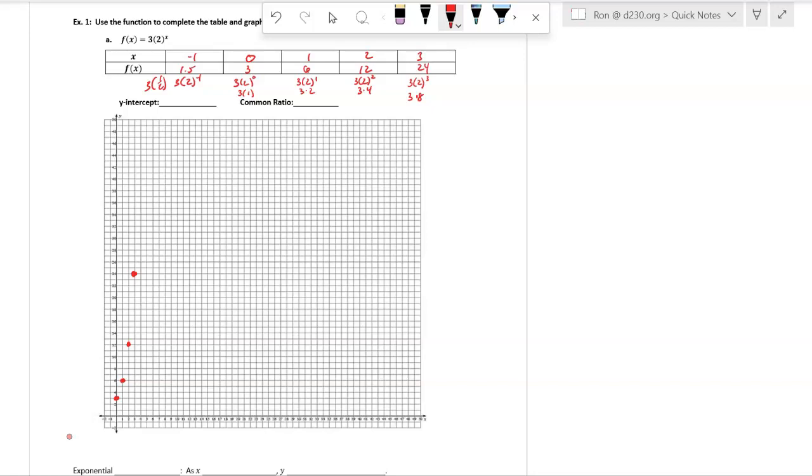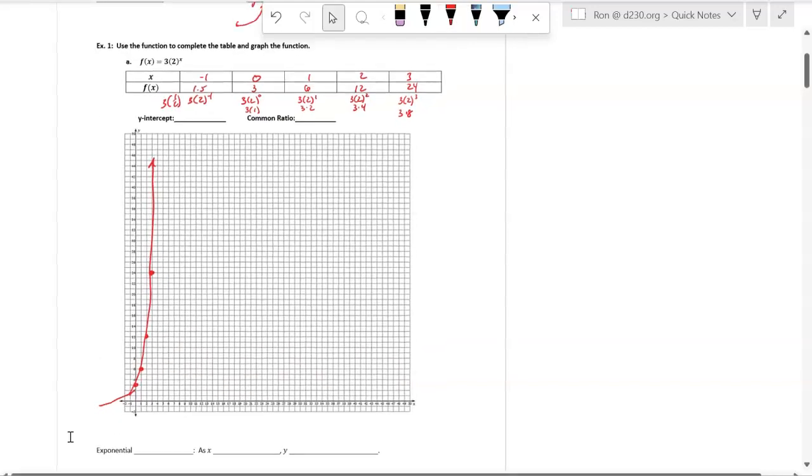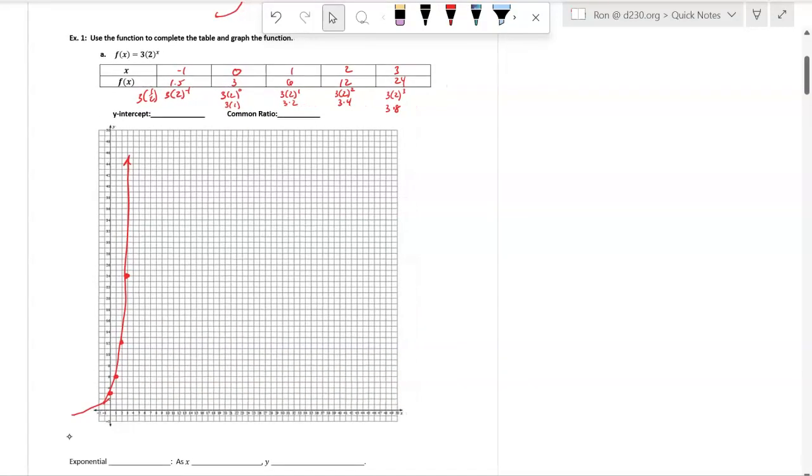So -1, 1.5. What you'll notice here is this function will start out low and increase real quickly. Okay. So what I want you to know here is a couple of things. One, this here is my y-intercept. Does this value look familiar?